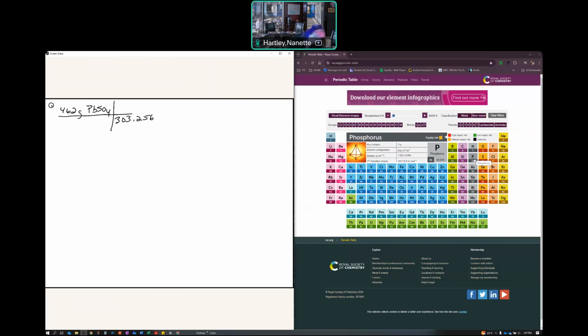So as far as sig figs go, it should have been 303.3. Now this is only 3 sig figs right here, so that's going to limit my number of sig figs anyway. So I'm not going to worry about paying attention to the number of sig figs on the molecular weight. This is grams per mole.